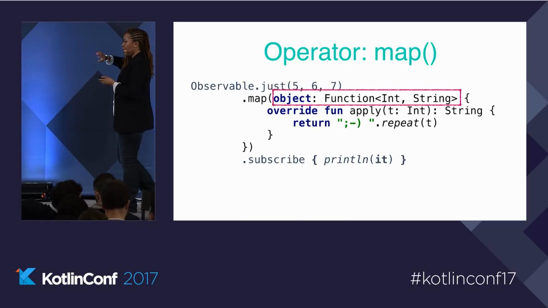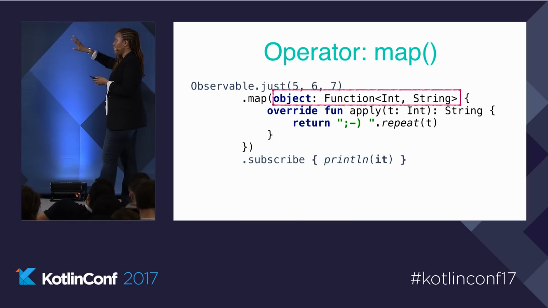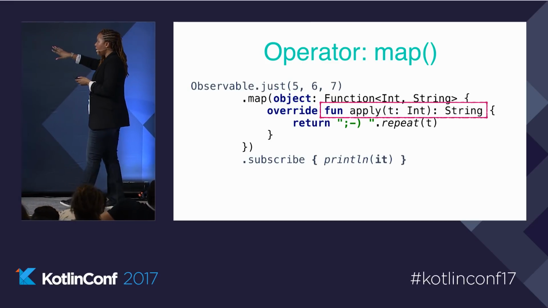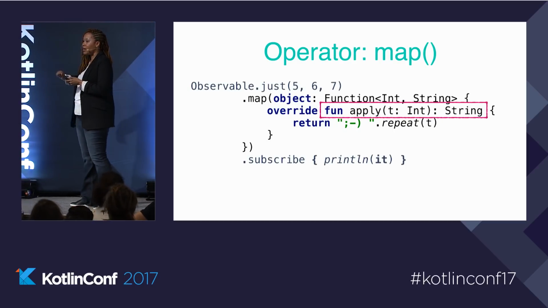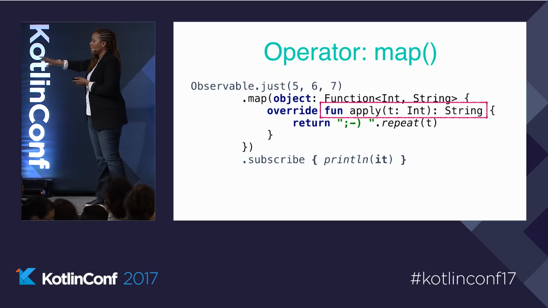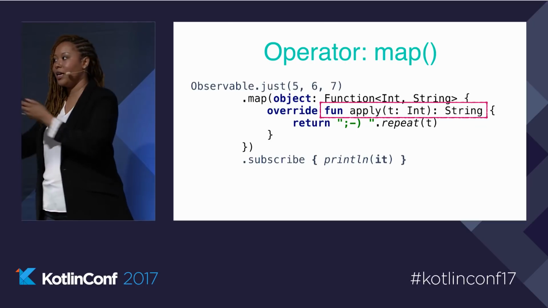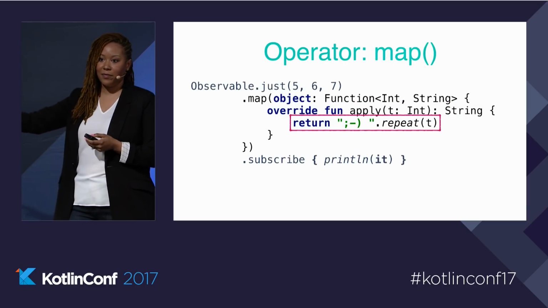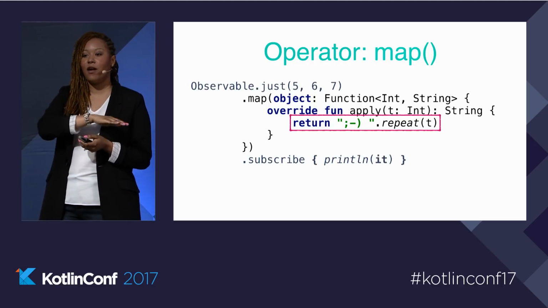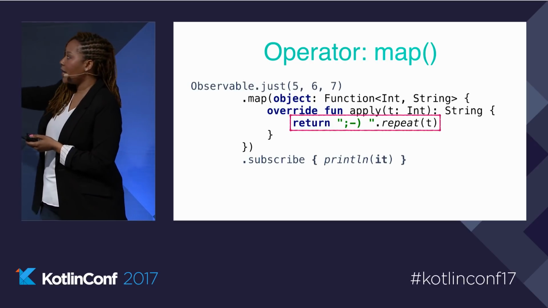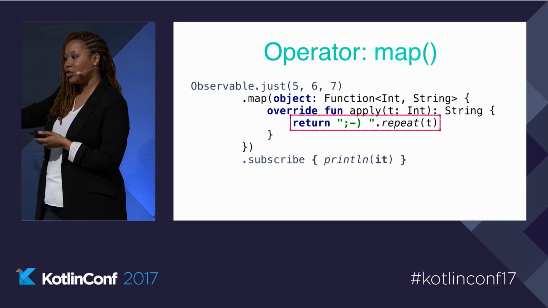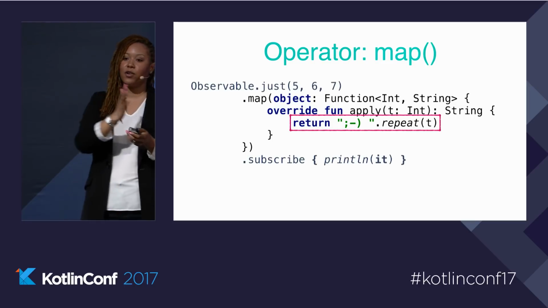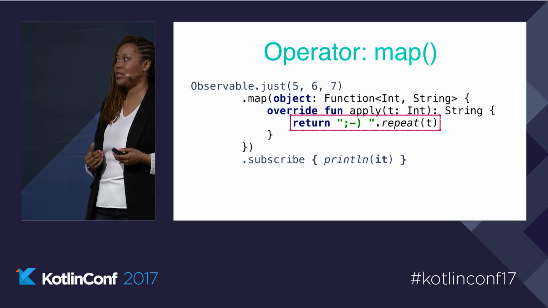First, we're just going to create an anonymous class of type function that knows about integers and strings. It has one method, apply, which we override, and the apply method knows how to take in an integer and give back a string. And inside the method body is the exact same thing that we saw inside the lambda. It takes that one string, which is the winky emoji, and then it repeats it the same number of times that correspond to the integer that it receives.